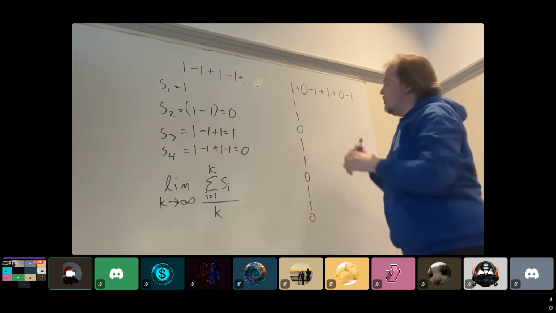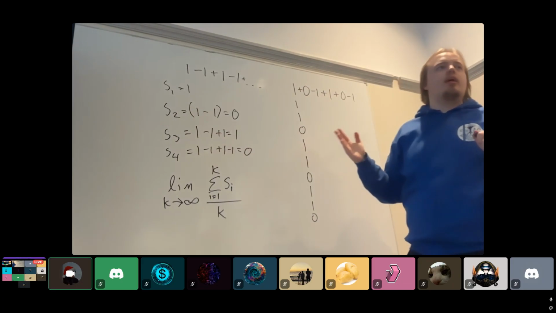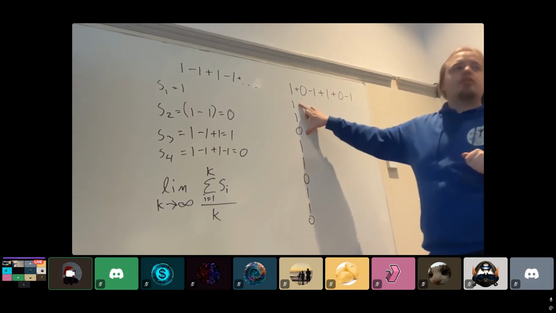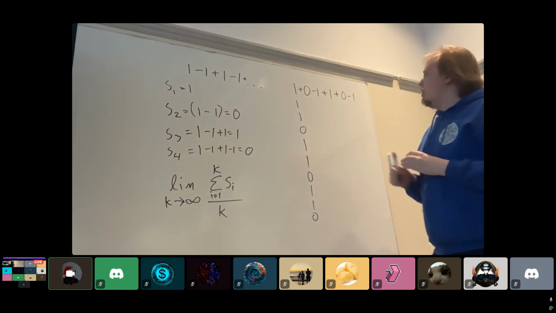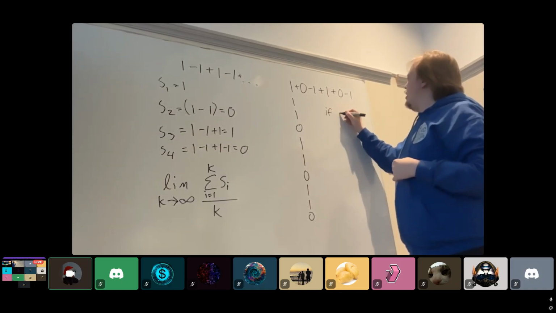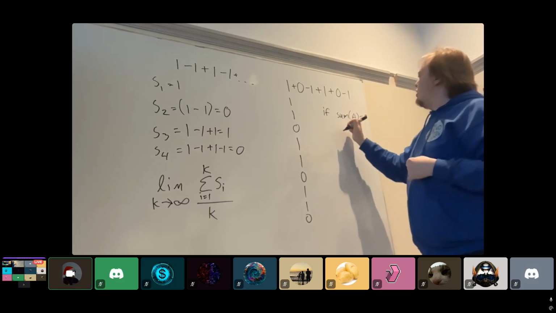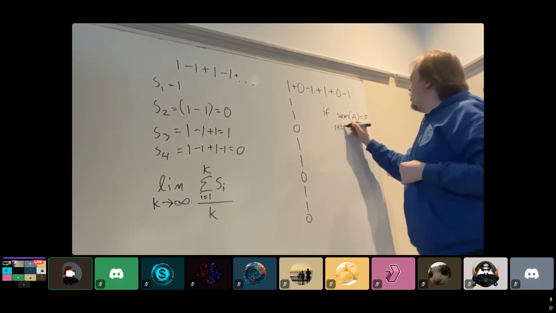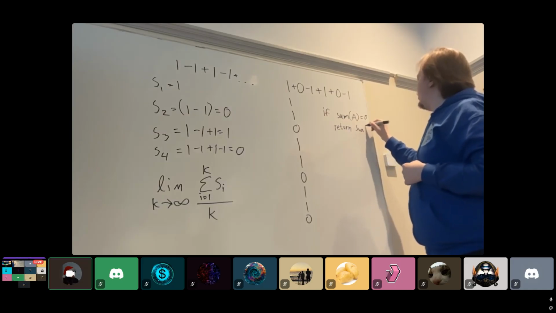But let's say that these prefix sums are periodic. In that case, the answer is simply to take the average of one period. So basically, if the sum of the data you get in is 0, then just return the sum of these S's divided by the period length.